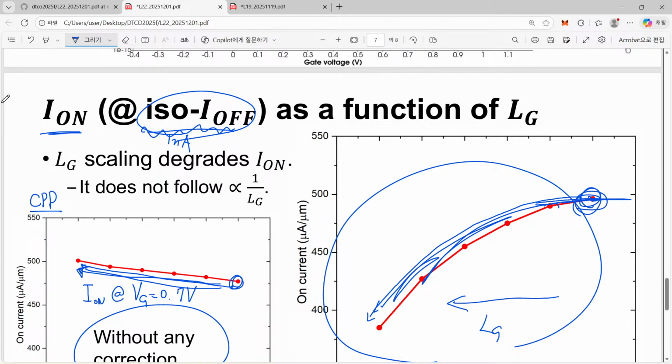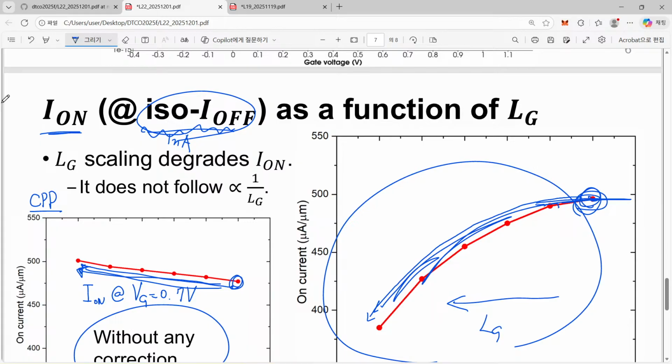We must have a certain minimum value of source and drain, a certain minimum value of gate length, also a certain minimum value of spacers, and combining them all, we cannot reduce our CPP any longer. That's the problem.